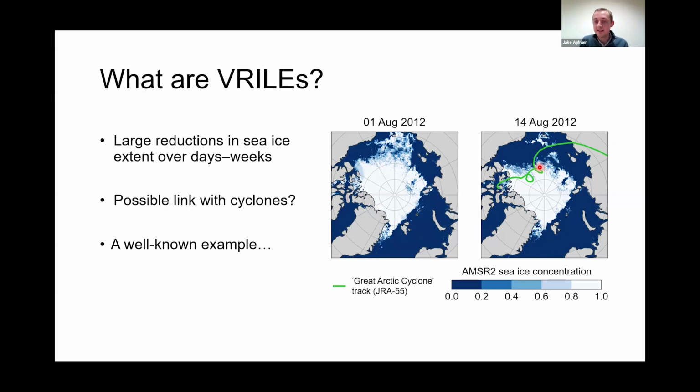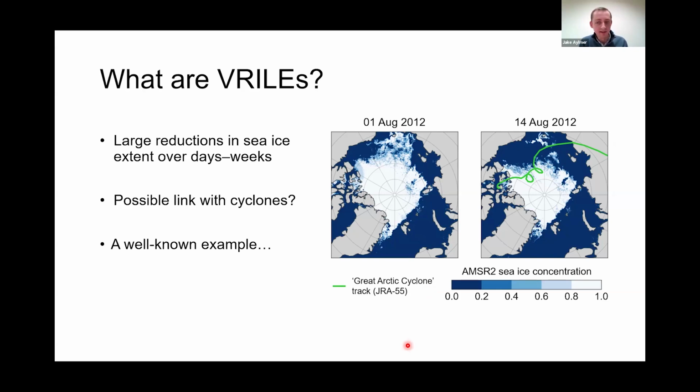But even though this is a very intense cyclone and a very large example of a very rapid ice loss event, there are still some studies which disagree on the extent to which the cyclone actually influenced the sea ice change. Nevertheless, this kind of example has led some studies to suggest that there could be a strong link between cyclones and very rapid ice loss events.